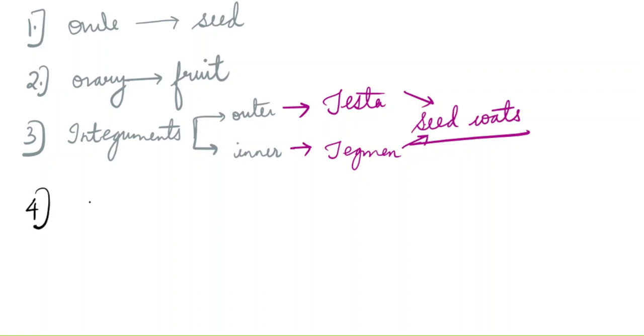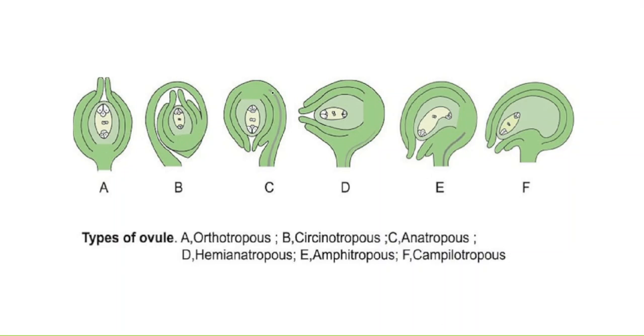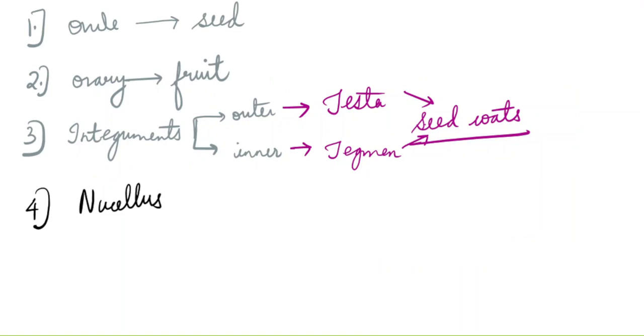The fourth point is nucellus. Yesterday I told what nucellus is. See, in this structure, b1, which is anatropous, you can see the light yellow color inside the embryo sac. That is the nucellus. Nucellus is nutritive in function, it provides nutrition.